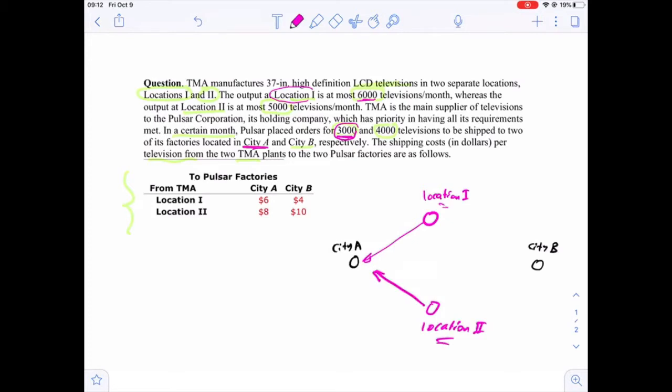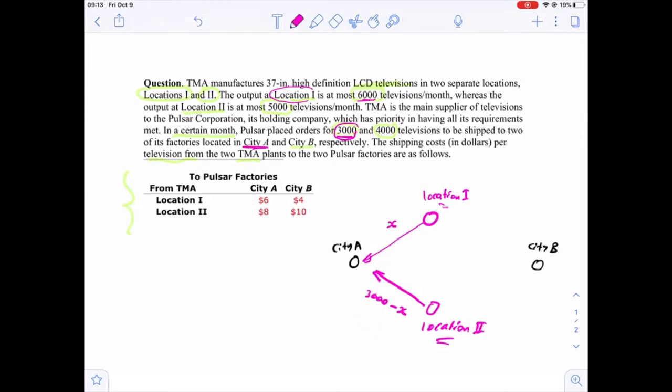Let's say that location 1 will send X TVs. Location 2 will send 3,000 minus what was sent from location 1, so that means 3,000 minus X. For example, if location 1 sent 100, then location 2 will send 3,000 minus 100, and that's 2,900.